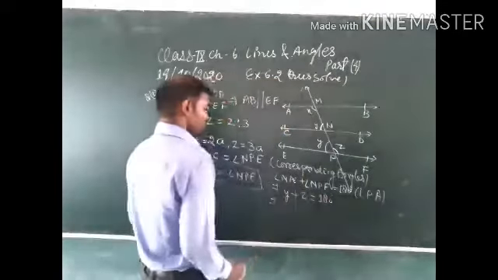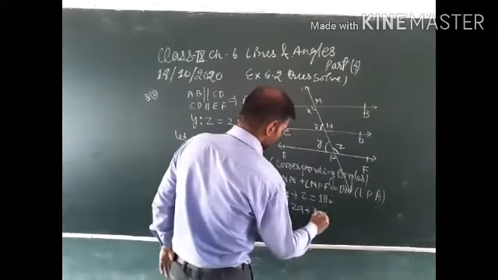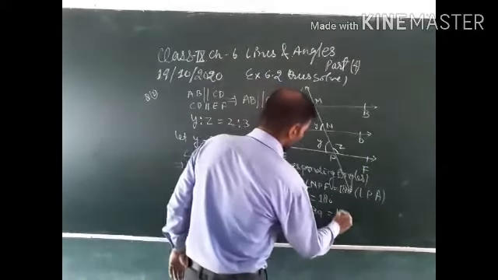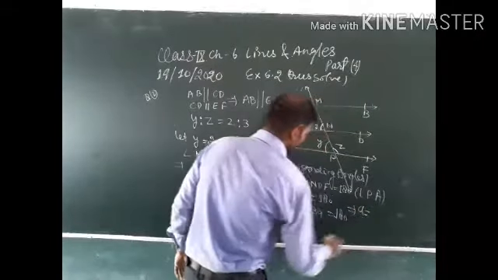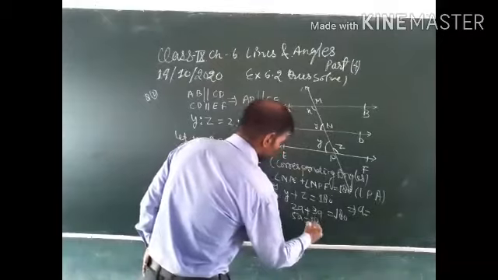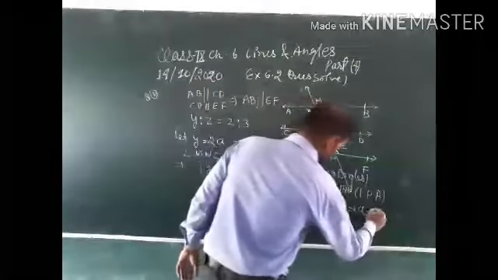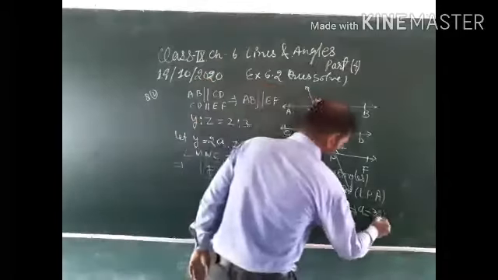So 2A plus 3A is equal to 180. It means 5A is equal to 180 degree. So the value of A is equal to 36 degree.